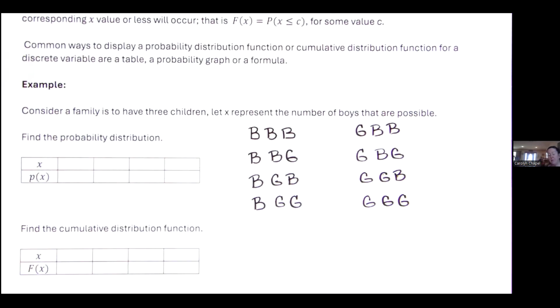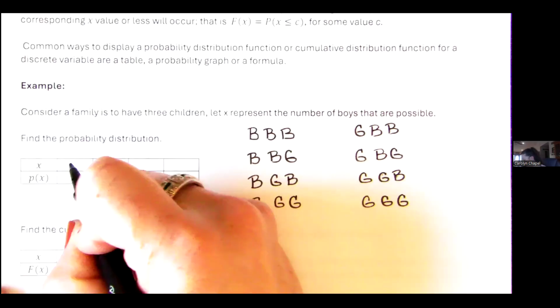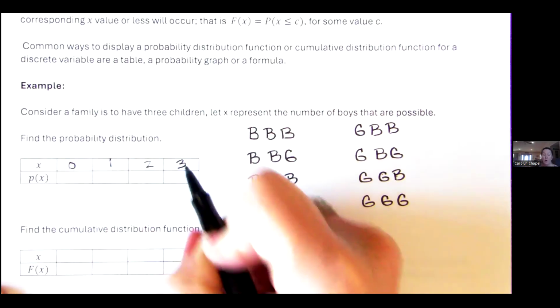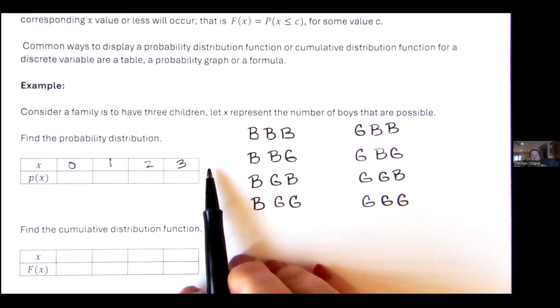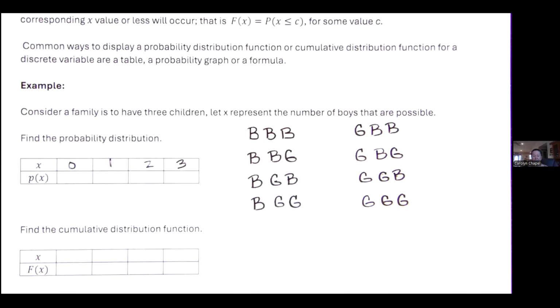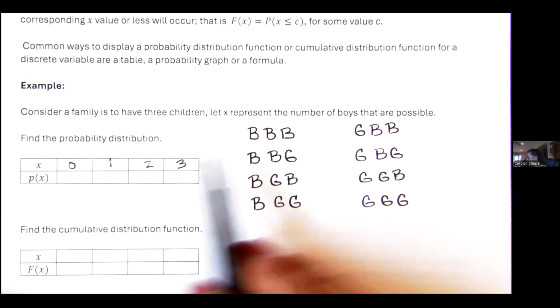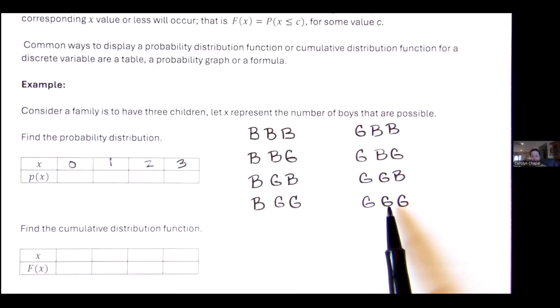So if X represents the number of boys that we had, you'll notice that we could have no boys, so 0. We could have had 1, we could have had 2, or we could have had 3. There's no way to get 4. A lot of times when we have probability distributions, there are also values that can't happen, so we don't list them because we don't want a lot of zeros in our probability piece. So we have 8 outcomes. We're going to assume that any one of these is equally likely.